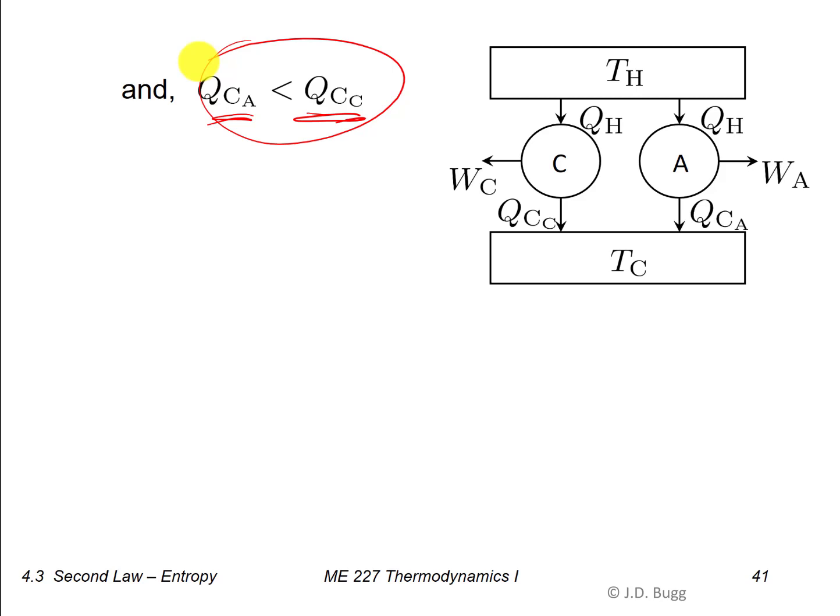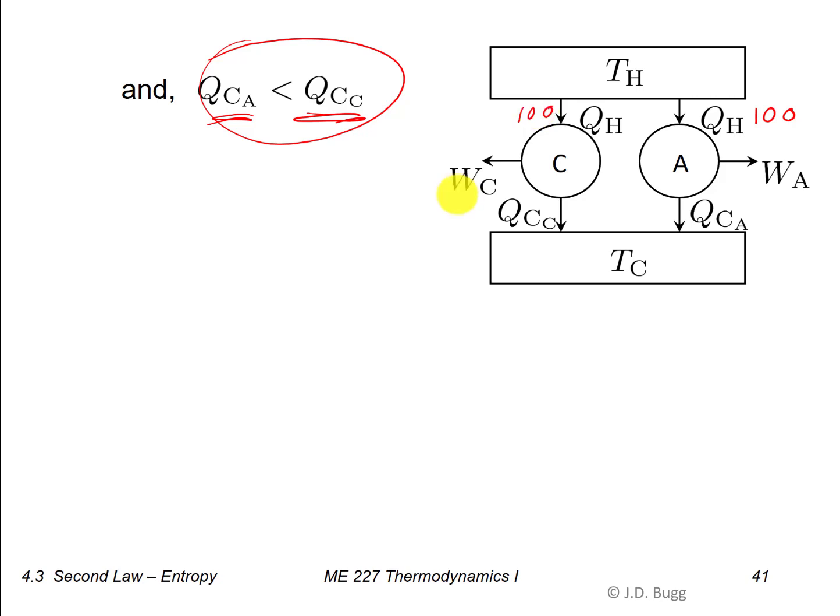I'm going to do that with a little numerical example over here. Remember I said that we are supplying the same amount of heat to each of these. So I'm going to say that QH is 100 units of energy, and it's the same in both cases. Doesn't matter what the units are, kilojoules, BTUs, doesn't matter. So 100 units of energy are fed to each of those cycles.